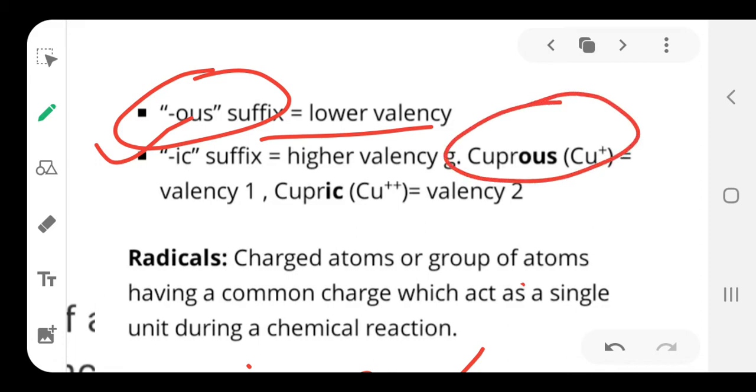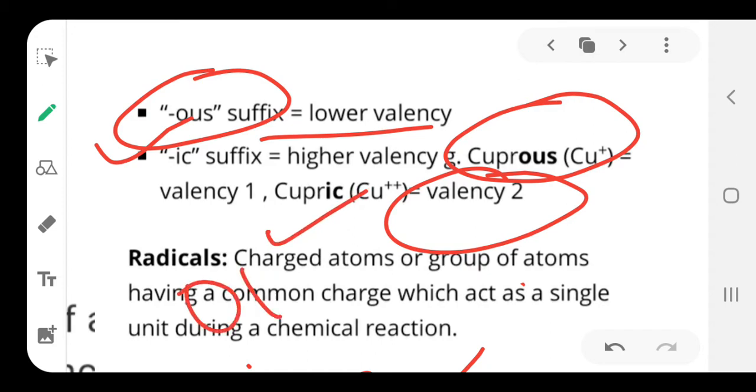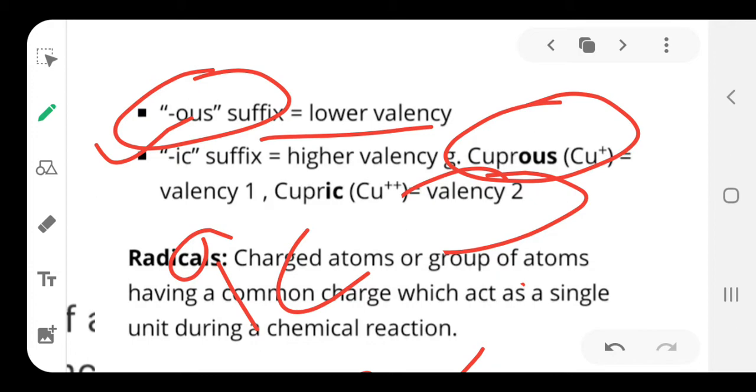And if the valency is more, say valency 2 here, then we call it cupric. So make sure if the name ends with OUS, it means lower valency of the same element. And if the name ends with IC, then it will have a higher valency.